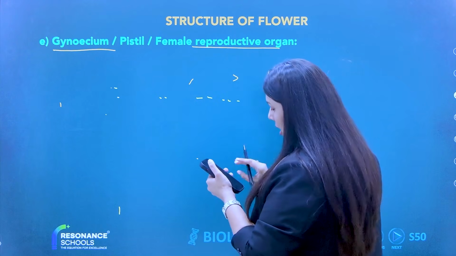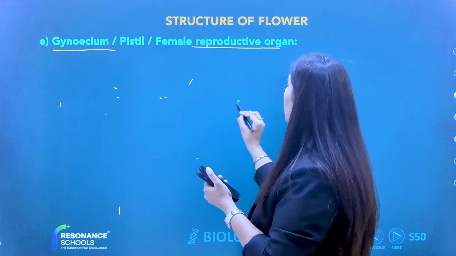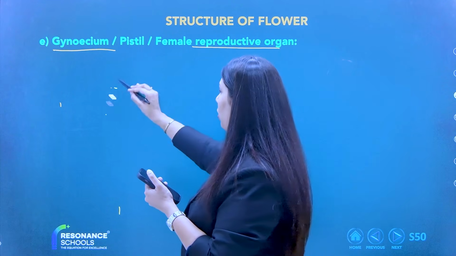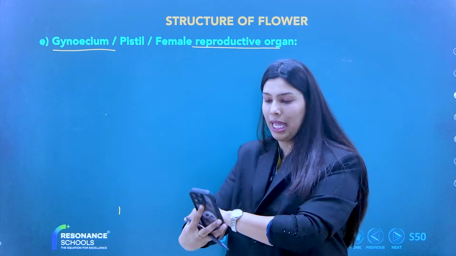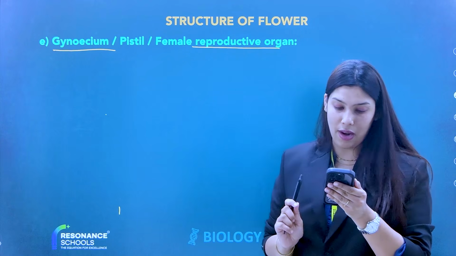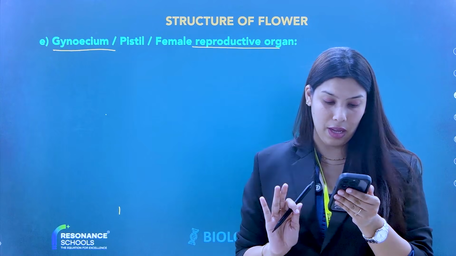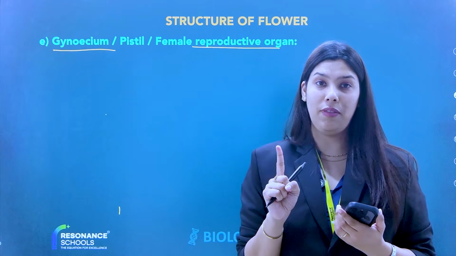Yes, pollen grains will transfer from one flower to another flower, or probably they can be in the same flower also, but they have to reach the ovary, right? Yakshit is saying that pollen grains will transfer from one flower to another flower. That is right. But sometimes it is happening in one flower also.